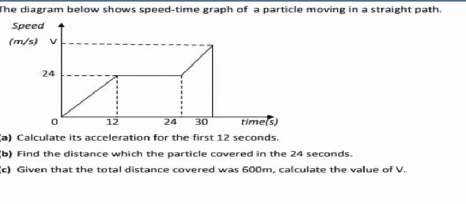Since they have given us the total distance from 0 up to 30, which is 600 meters, we need just to consider this shape here, which is the trapezium. Okay.